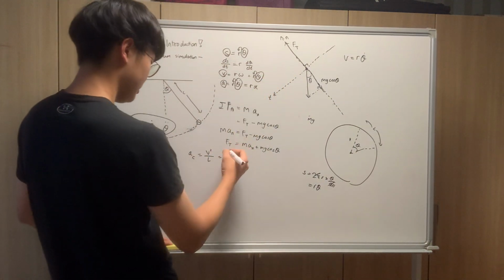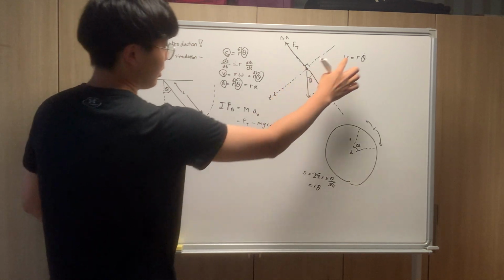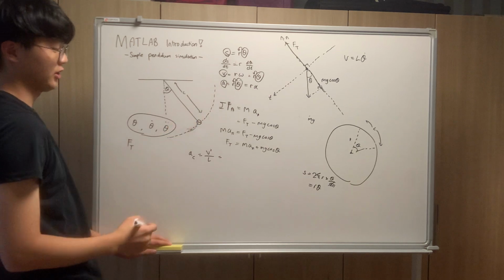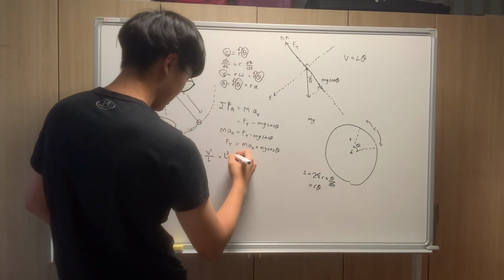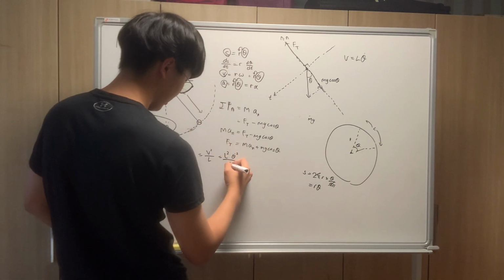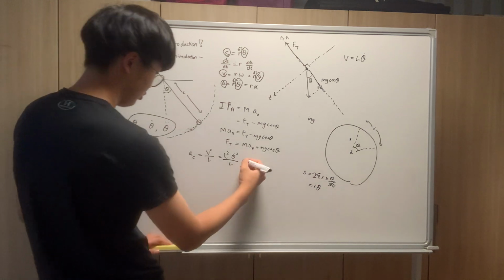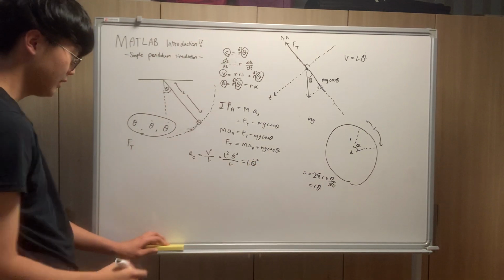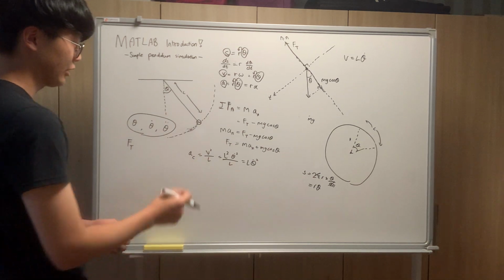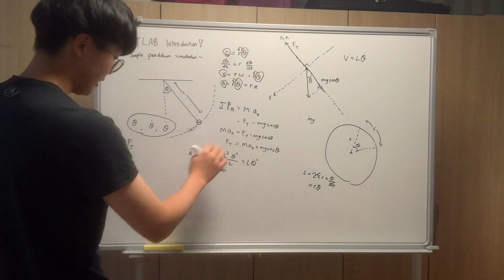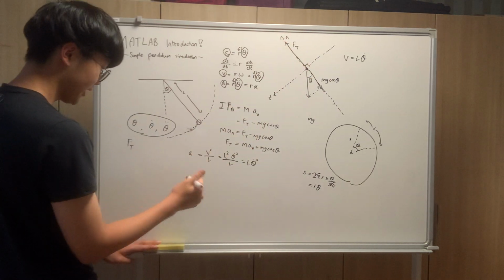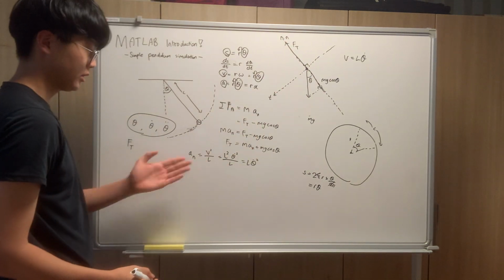And so then, r is equal to L in our example here. L is our radius, so we get L squared theta dot squared over L, and that's going to be equal to L theta dot squared. And so the acceleration in the centripetal direction, and that centripetal direction is our normal direction, so you could just replace this by our normal direction here.